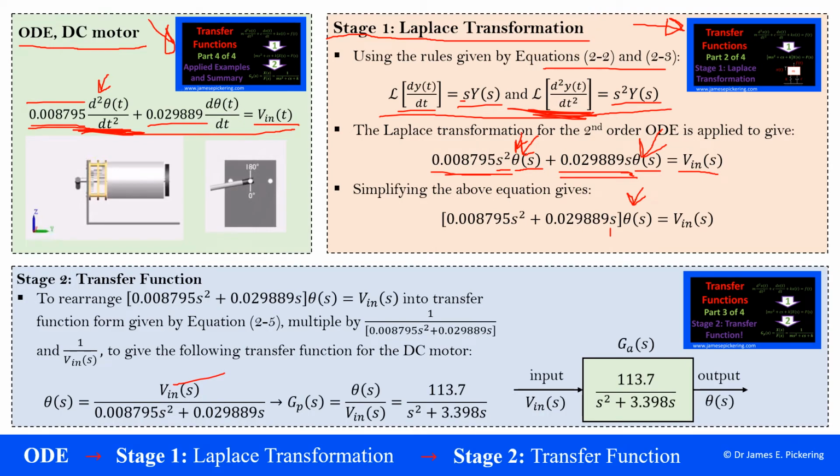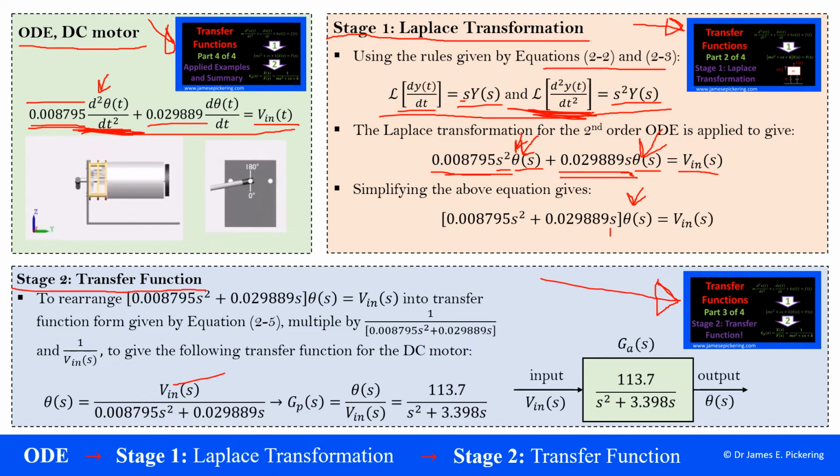As you recall, and you've hopefully gone through the other examples now, you're becoming familiar that the Laplace transformation enables us to algebraically manipulate this equation to get it into transfer function form. The transfer function form is given by equation 2.5 in part 3 of 4, the video on transfer functions. We want to put that into the form of output over input. In this case, the output is theta of s, your angle, and the input is v subscript in, your voltage input.